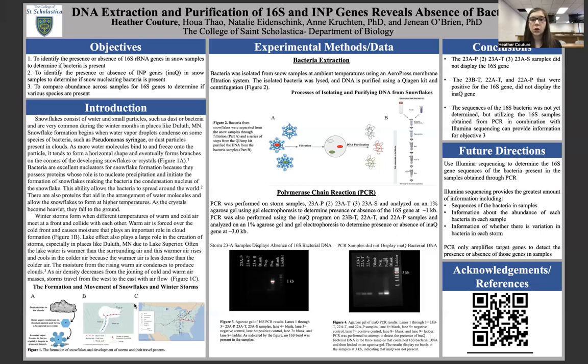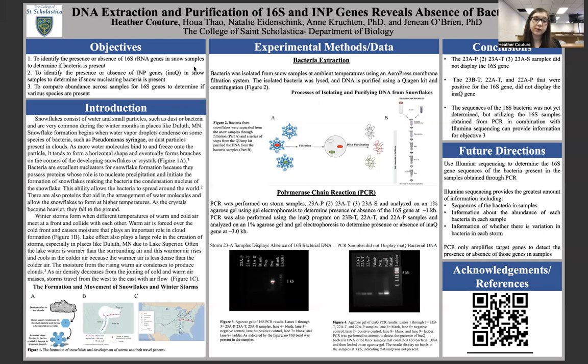And it is thought that different bacteria is present in different regions. So it's hypothesized that different storms, as they move from place to place, will carry different types of bacteria with it if those nucleating bacteria are present in the storm clouds.